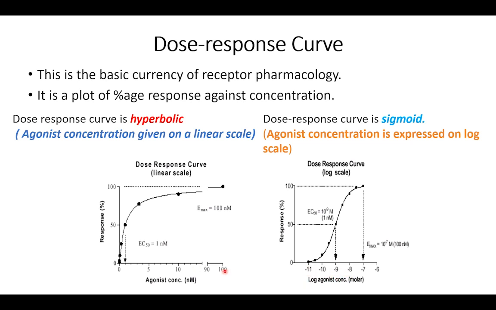Why there is a conversion from the linear scale to the log scale is because some concentrations are much smaller while others are much larger, and so we might fail to have a better visualization and interpretation of our results. So it's better to convert them to the log scale because it provides a better ground where we can easily interpret and analyze our data.